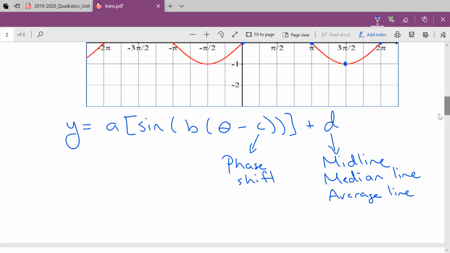Okay, here's what we're going to do. We know how the phase shift works. It's going to move us left and right. And we know how the D value is going to change our graph. It's going to move us up and down. We've done that before. We're going to jump into a full question. We're going to transform an entire sine function and graph it.